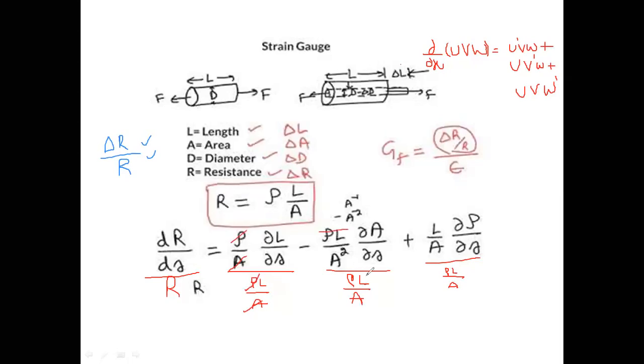Here rho L gets cancelled, A and square becomes cancelled here. L cancel, A cancel.